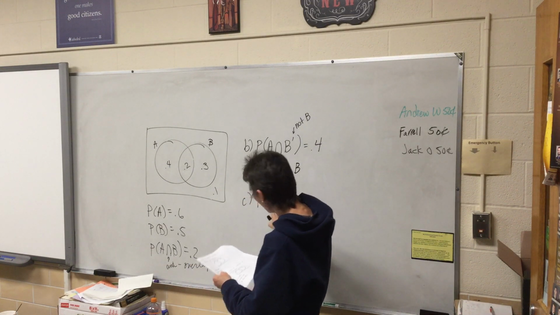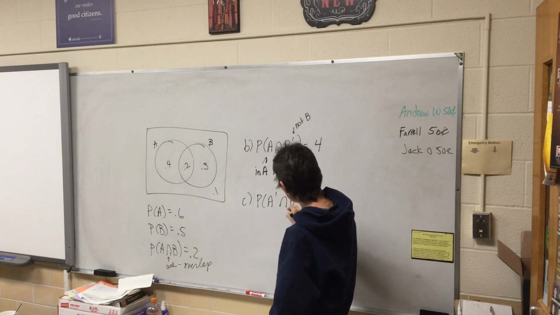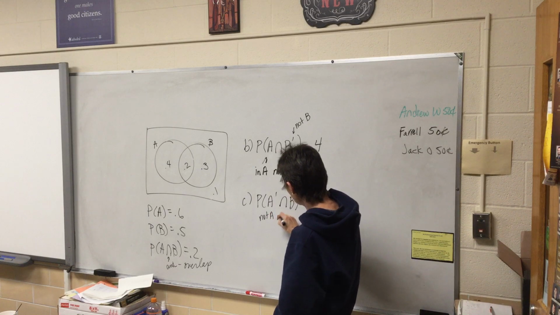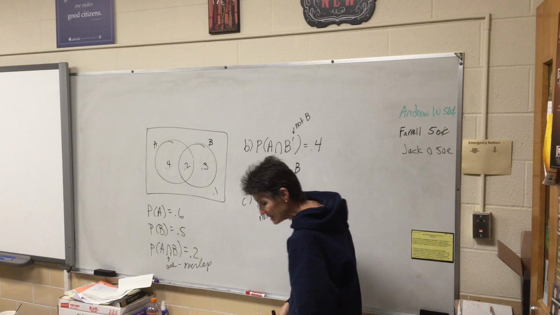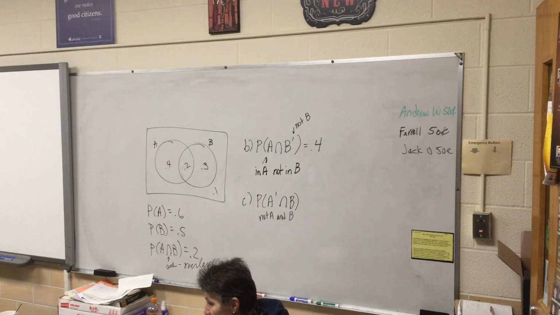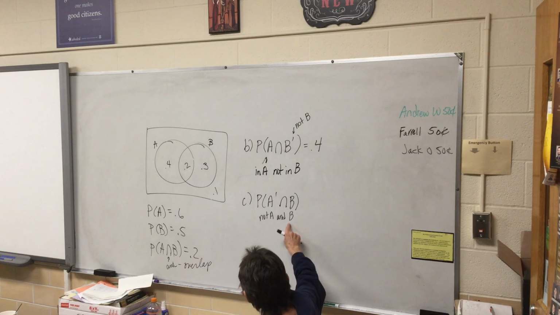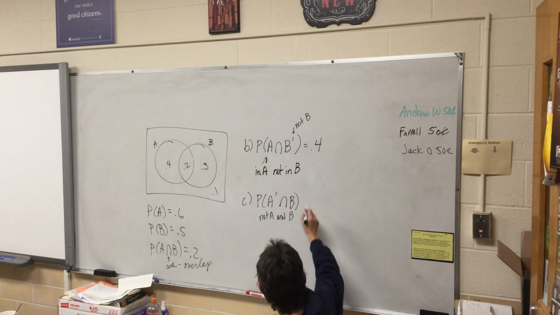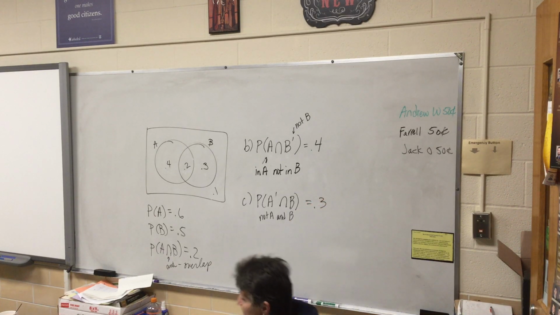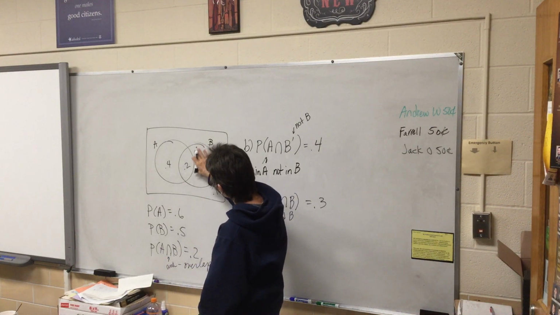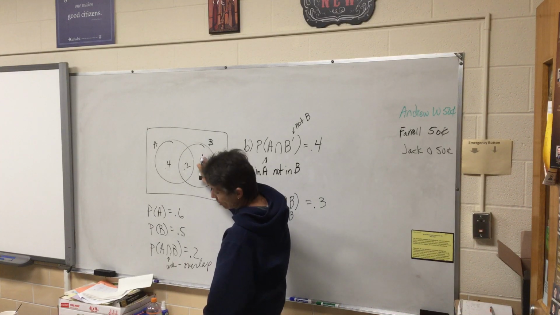It says I'm not in A and I'm in B. So this is not A and B. So I am in B, but I am not in A. What's the probability of that? What's the number that represents being in B, but not in A? 0.3. Yep, remember, those are percentages, so they're decimals or fractions. So 0.3. These people right here are in the B ball, but they aren't in the A ball.